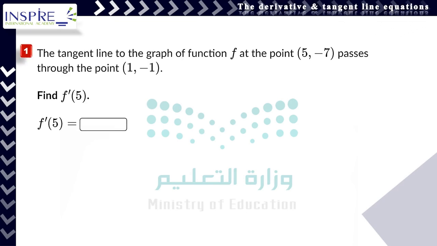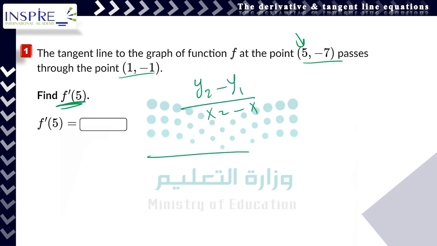Next one. Okay, we need to get the derivative at 5, and we have 2 points. One of them is exactly at x equals 5, and the other one, the tangent line passes through it. So how to get the slope? The derivative is the slope of the tangent, so we will get it with y2 minus y1 over x2 minus x1. This one is x1, y1, x2, y2.